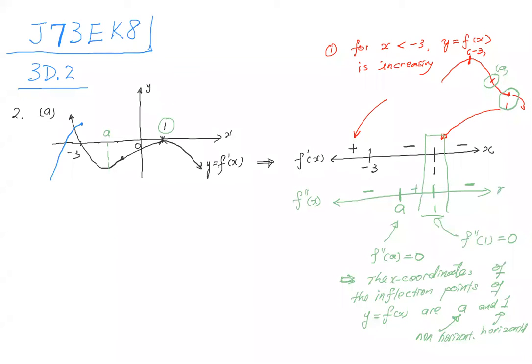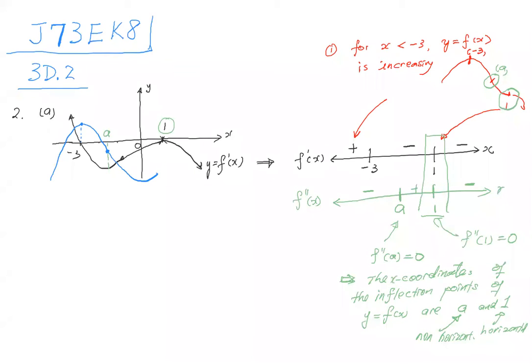Here is a turning point. The shape will be concave until here. Then it turns convex until it reaches 1.